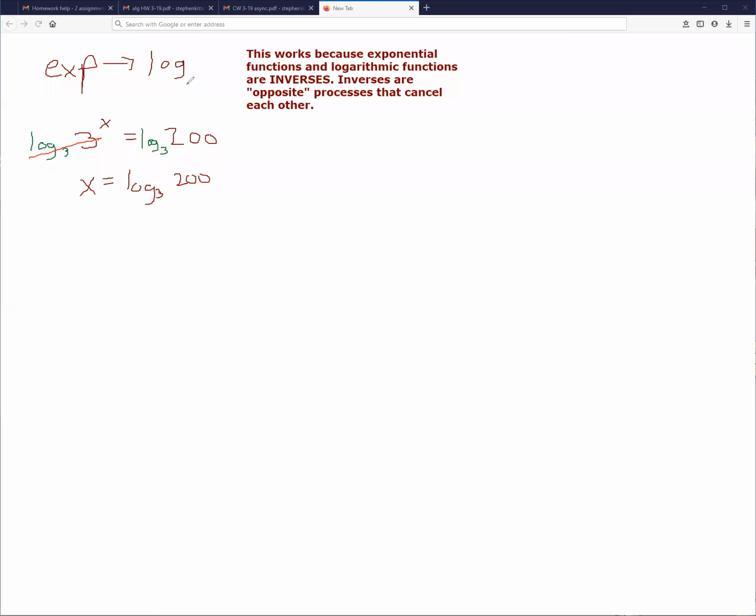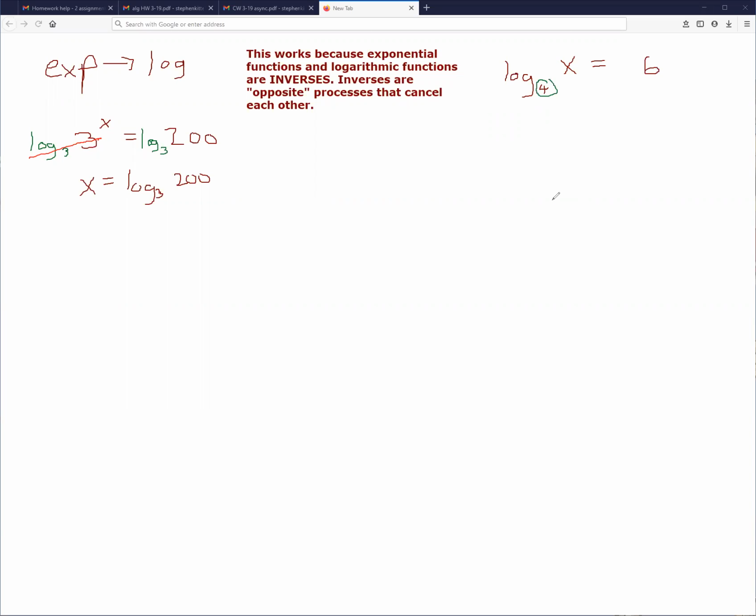If we use a log to undo an exponential, then what happens when we have a log and we need to undo it? What would we use? Logically, we would have to do the inverse of a logarithm, which is an exponential function. So what is the base of our logarithm? 4.